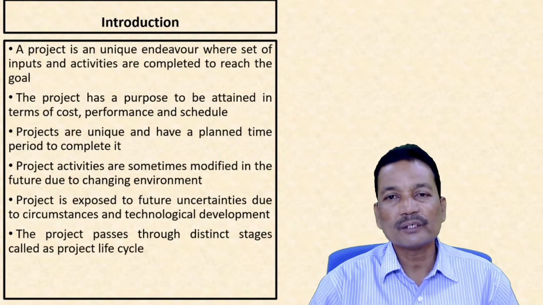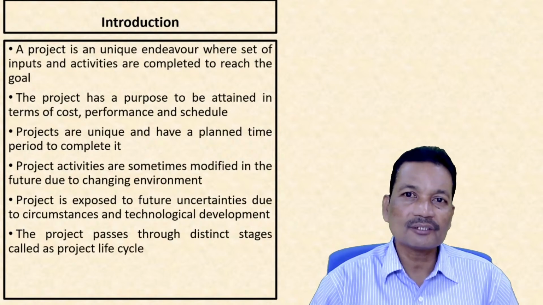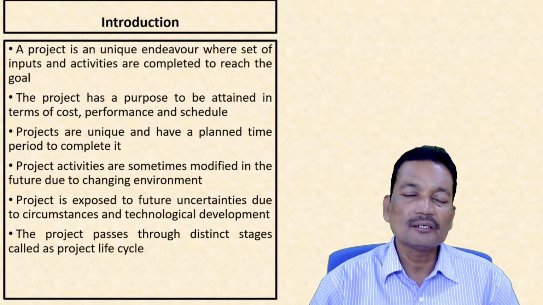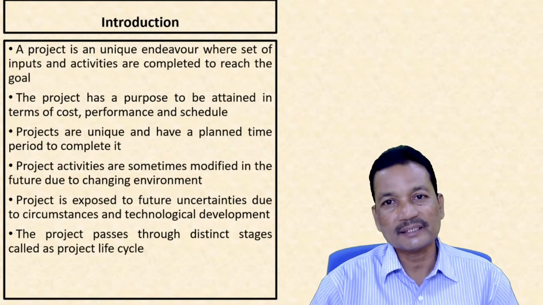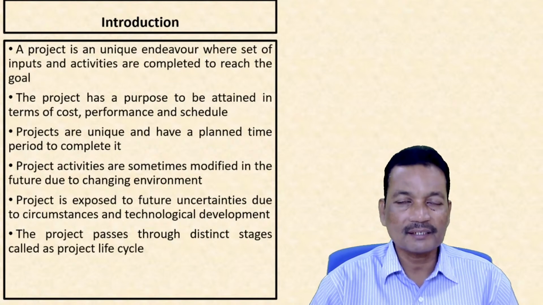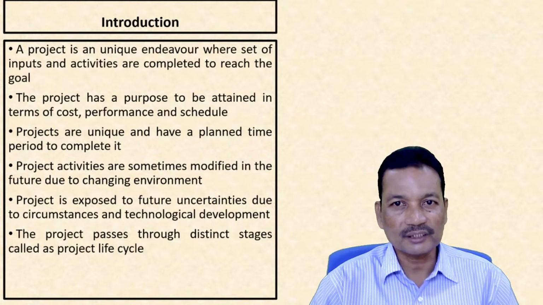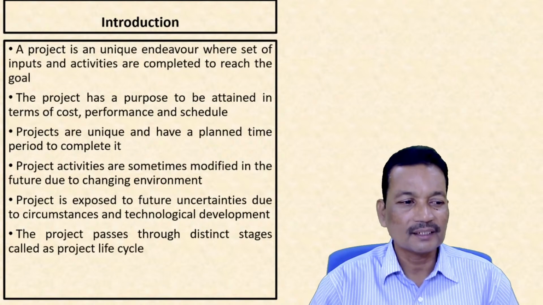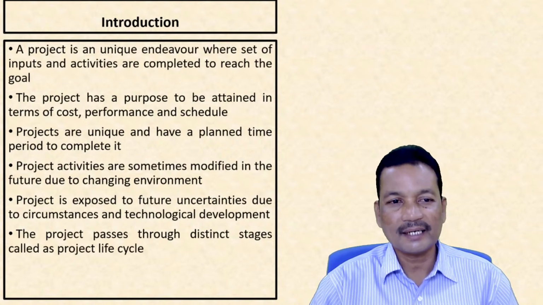Because we know if we don't adhere to the planned schedules, then the actual cost may overrun the budgeted cost, leading to higher cost or financial difficulties for the project. So we have to complete the project in the given planned time.